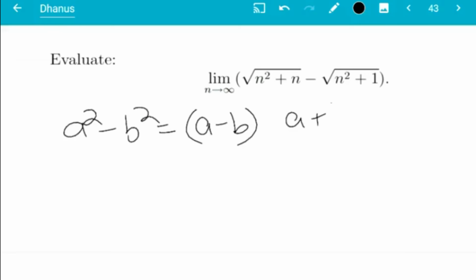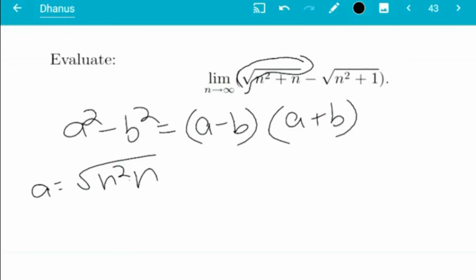By multiplying like this, we can remove the square root. Here we take a equal to root of n square plus n, and b equal to root of n square plus 1.